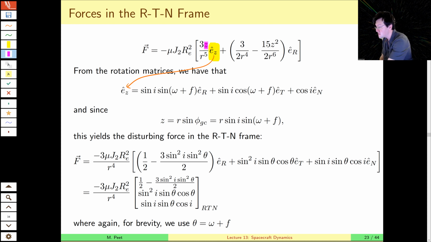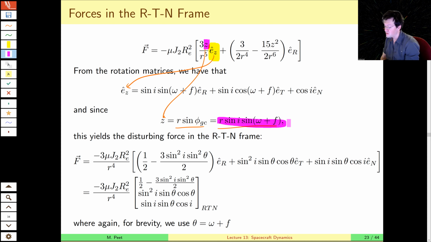So we're going to take Z and plug in our expression for Z. It'll be initially expressed in latitude, but of course we already figured out how to get rid of latitude, and so we can just write it down in terms of the orbital elements. Okay. And so now we've got our disturbing force, yay, in terms of our orbital elements in the RTN coordinate system, right?